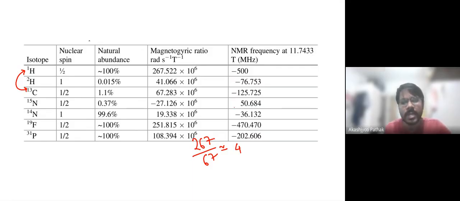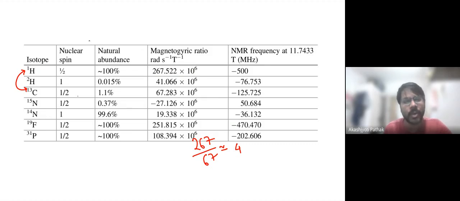This relation is useful in solving certain problems. These values will not always be mentioned in the question, but there can be questions that would ask you to calculate the frequency of carbon 13 given the magnetic field.